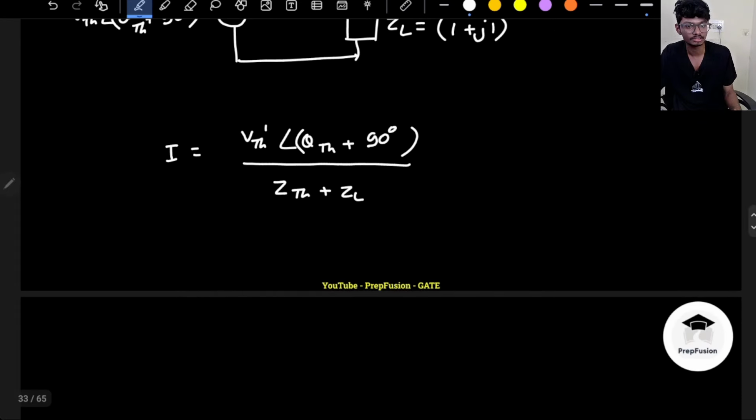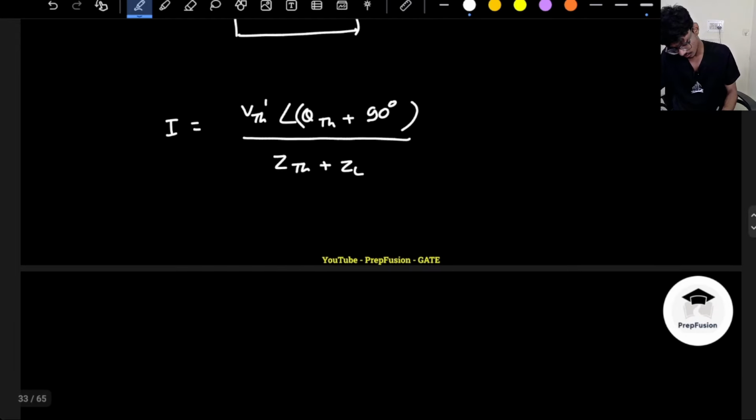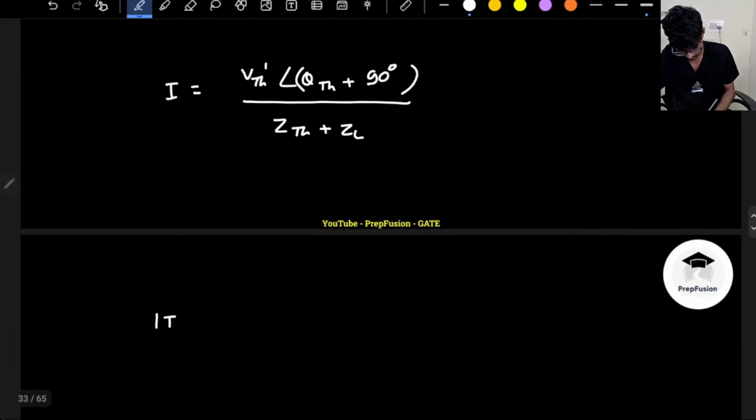I am concerned only about the magnitude. I don't care about the phase. So the magnitude of current will be the magnitude of VTH dash divided by the magnitude of ZTH plus ZL.